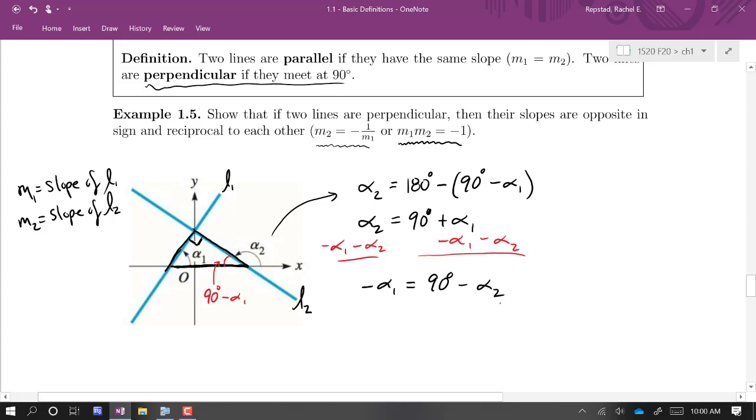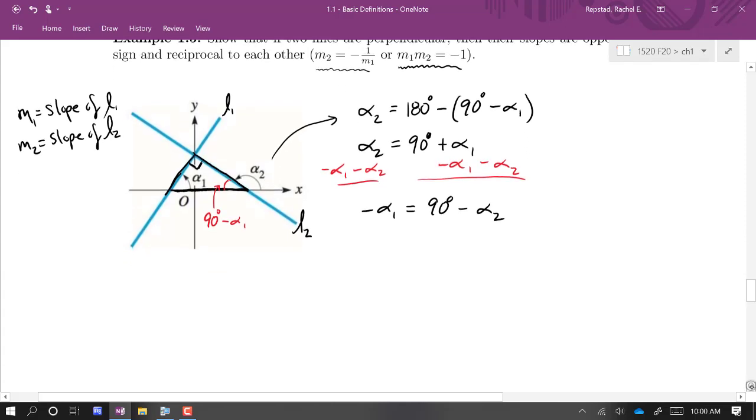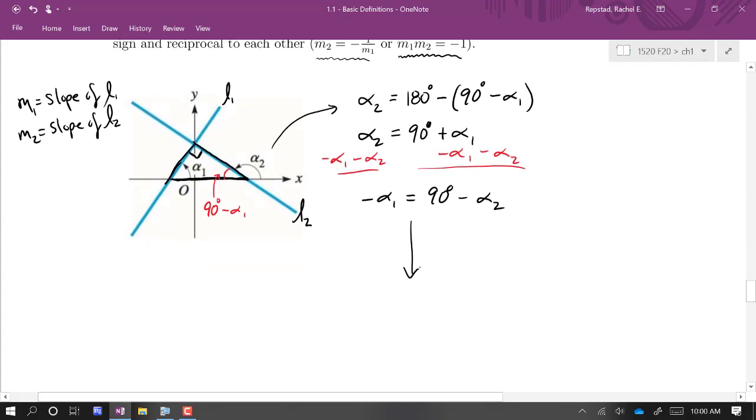So here I have an equation that describes how alpha 1 and alpha 2 are related. And so the angle on the left, negative alpha 1, is equal to the angle on the right, 90 degrees minus alpha 2. And what I'm going to do now is take the tangent of both sides.